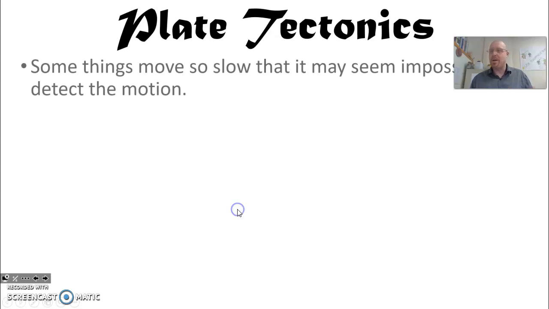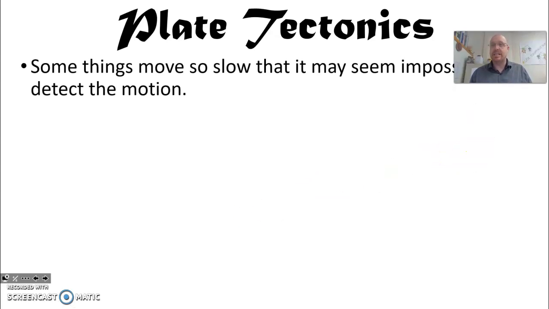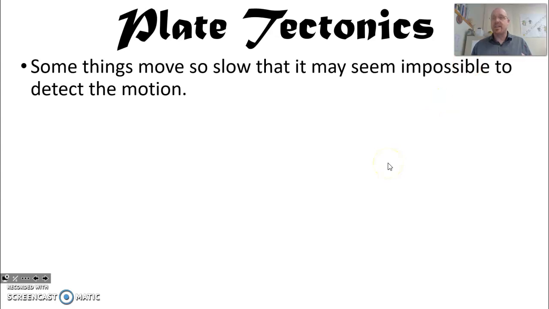Plate tectonics. Why am I talking about plate tectonics? Plate tectonics has to do with the plates that float on the planet's surface, that the continents are on, as they move around. We talked about them because they move so slowly that it's impossible to detect the motion. You would not know that the land mass of North America is actually moving.